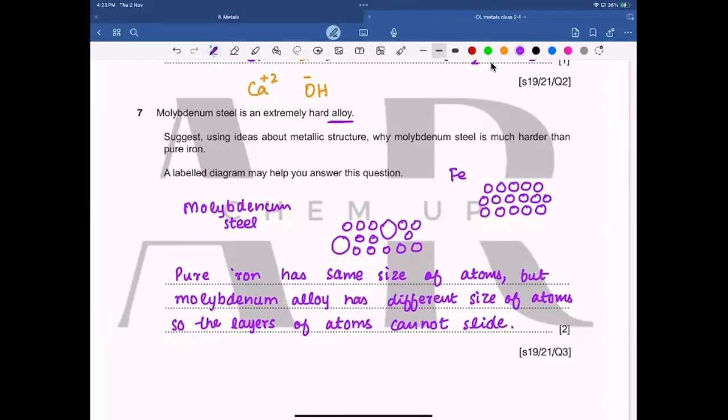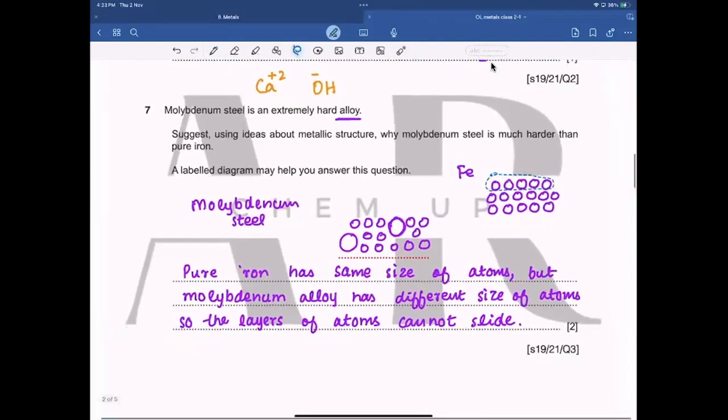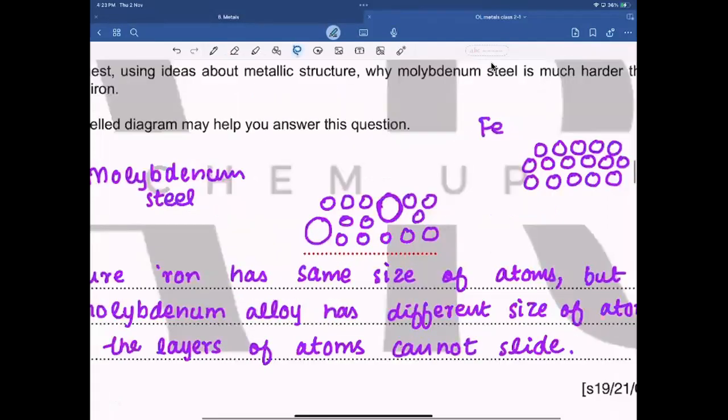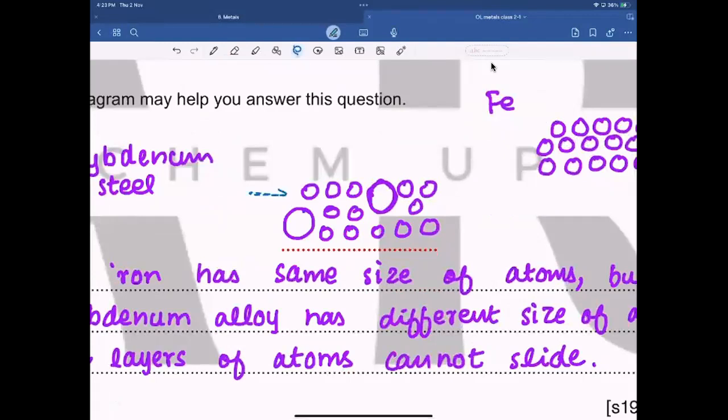Yes. See, because this is a bigger atom, right? So see this. If these atoms are of the same size, and I apply a force from the left, for example, these atoms can be slid like this. But here, if I'm applying a force on this layer, this atom is actually bigger, bigger in two layers.